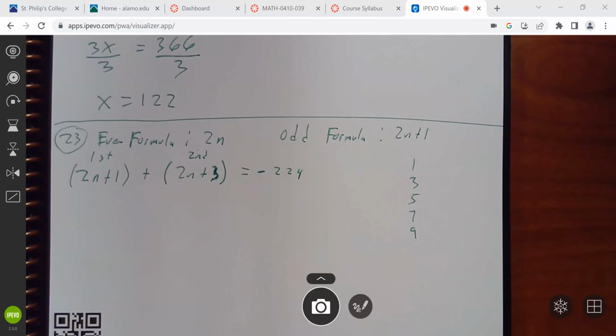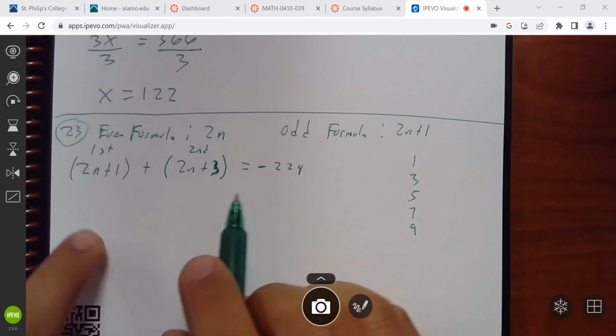We've done a lot of solving for n, solving for x, whatever. You should know it at this point, but if not, you need to practice. What do you do next though? Figure out the consecutive numbers.